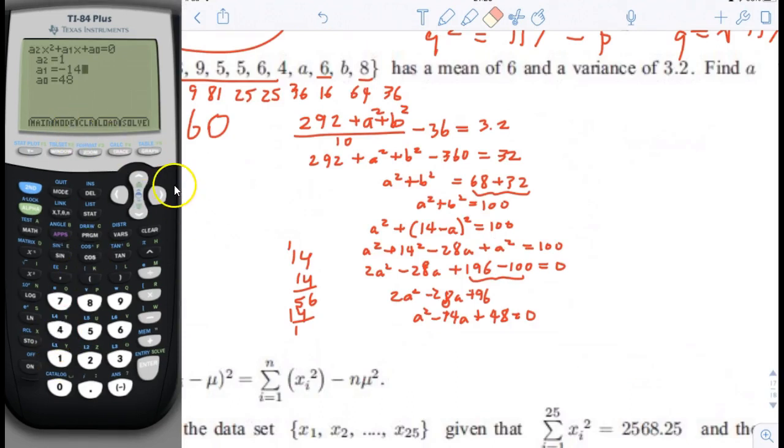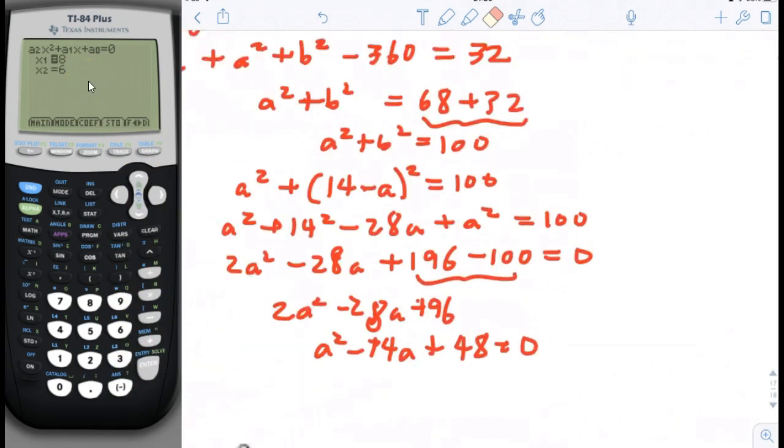1, negative 14, 48. And our roots. Oops. It's not minus 14. It's negative 14. So our roots are 8 and 6.